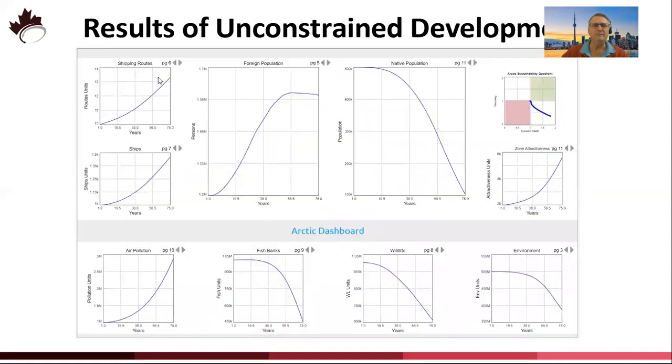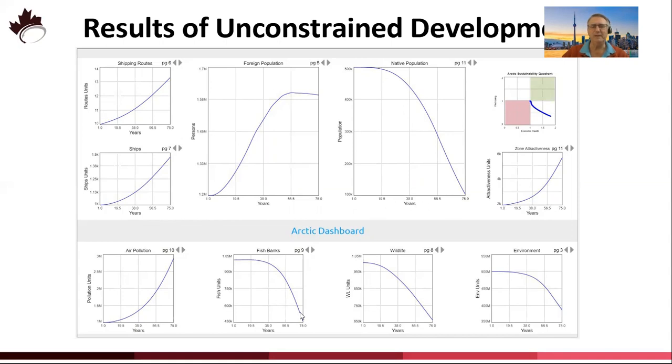We also have these detailed graphs of shipping routes and ships and air pollution here, all growing exponentially with unconstrained development. We have an idea of the non-Indigenous population growing and then reaching equilibrium. And then we have the native population declining over the period of unconstrained development.